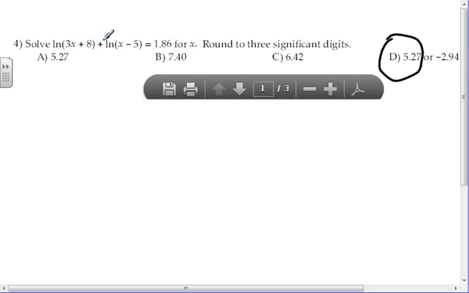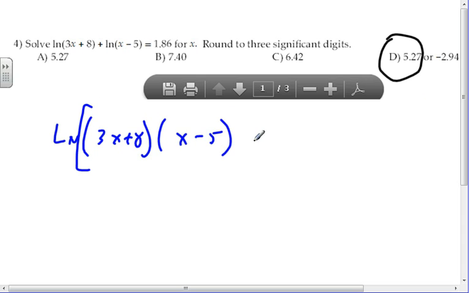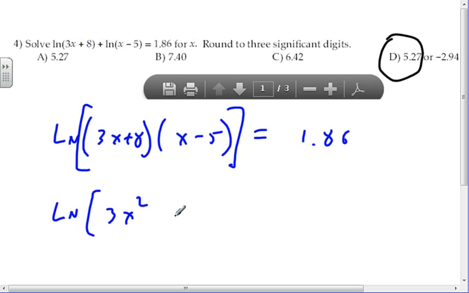If I add logs, that's the same as multiplying. So this is log of 3x plus 8 times x minus 5 is equal to 1.86. So I've got log of 3x squared minus 7x minus 40 is equal to 1.86.